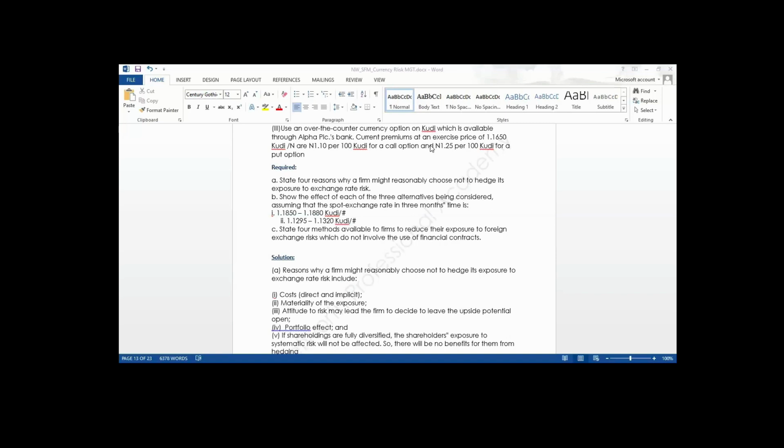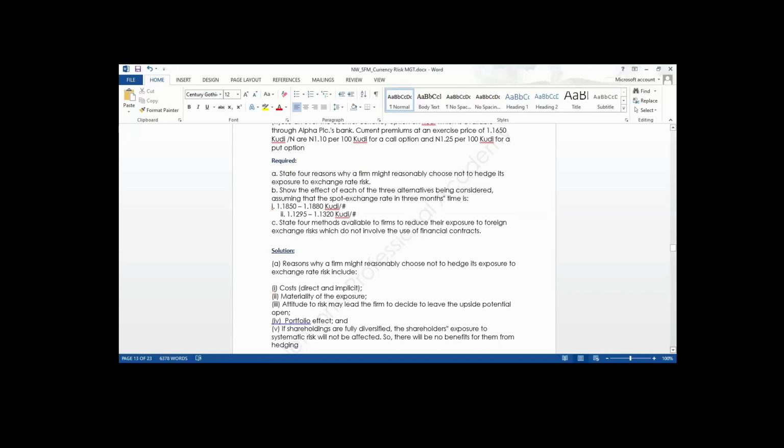You can take the risk. Then number 4 reason is portfolio effects. If the shareholdings are fully diversified, then the shareholders' exposure to risk will be immaterial. If you hold a diversified portfolio, whether you hedge or you don't hedge, there's no benefit because you have removed unsystematic risk.